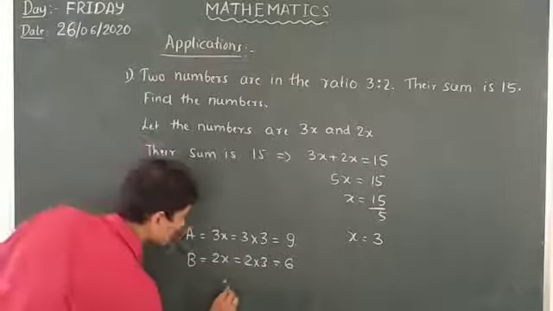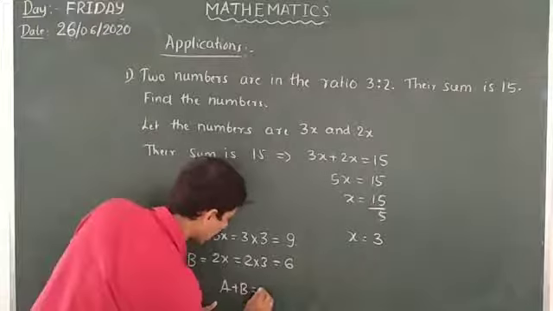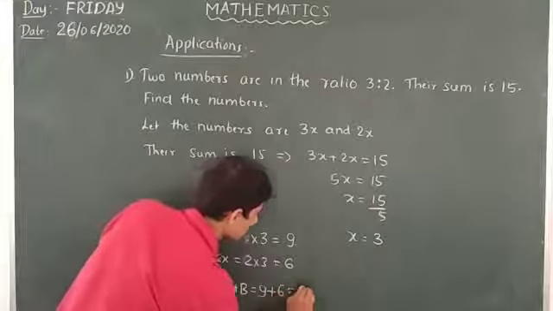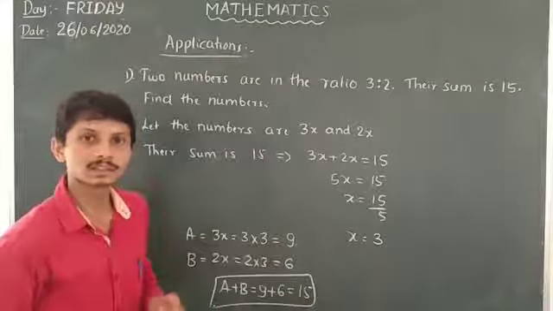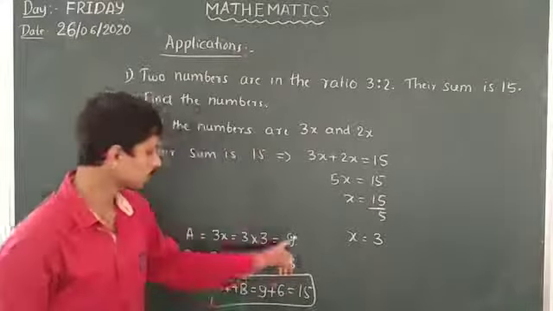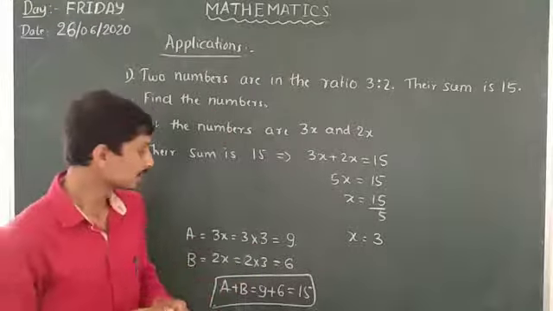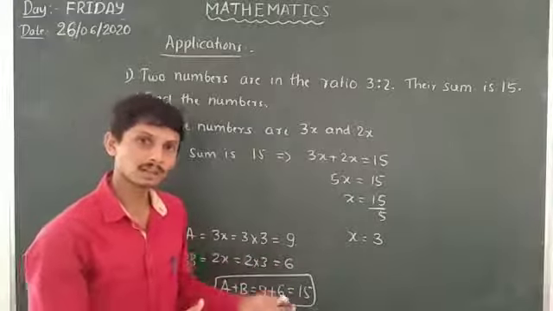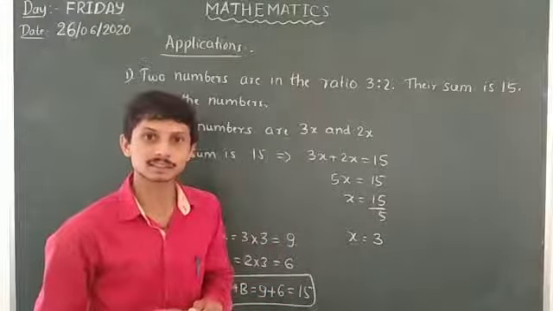Check: a plus b is equal to 9 plus 6, the answer is 15. This is just a verification. So the value of x is right. Those numbers are 9 and 6.